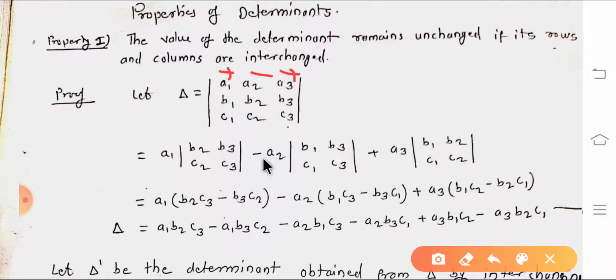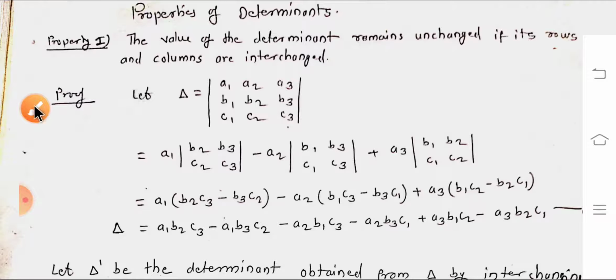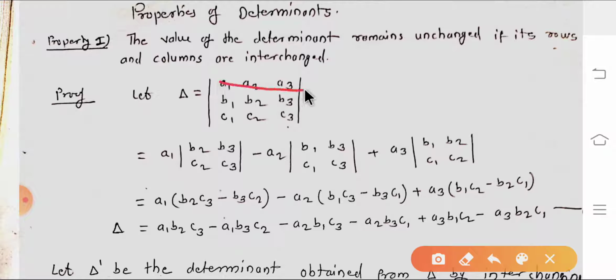So this is minus a2 into the determinant of, neglecting this row and this column, the remaining elements b1 b3 c1 c3, plus a3 into the determinant of, eliminating the first row and third column, the remaining b1 b2 c1 c2.